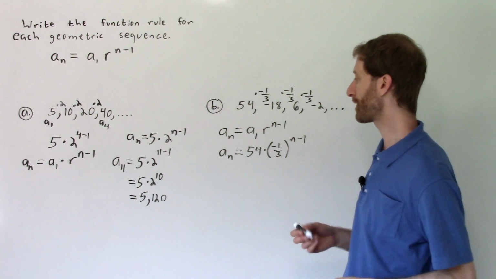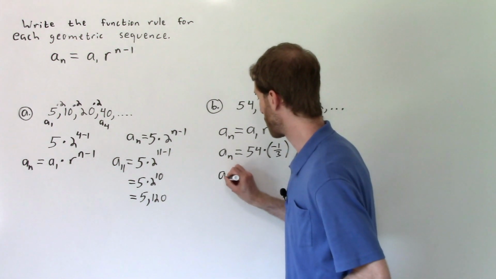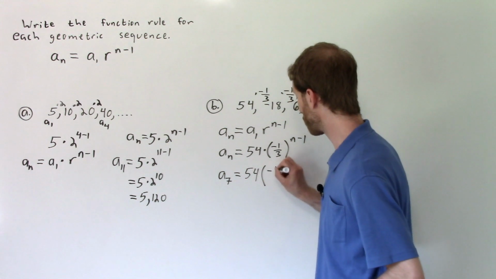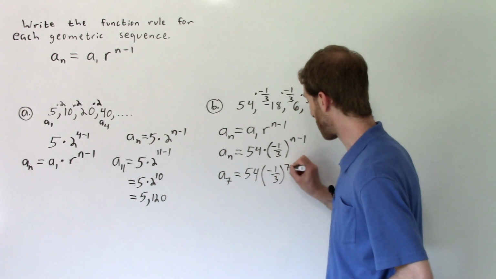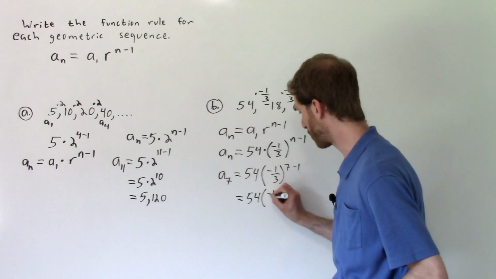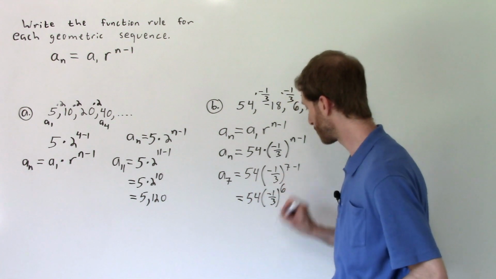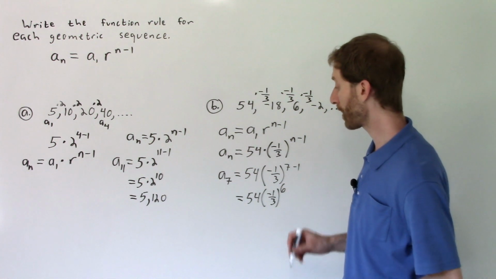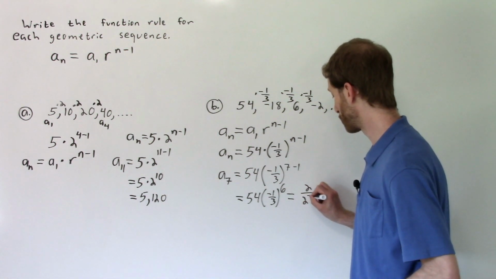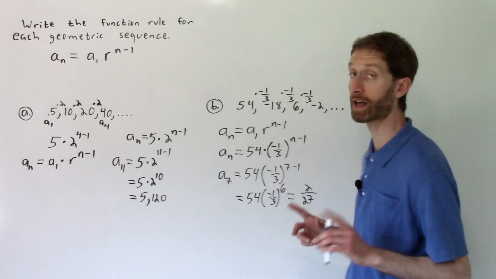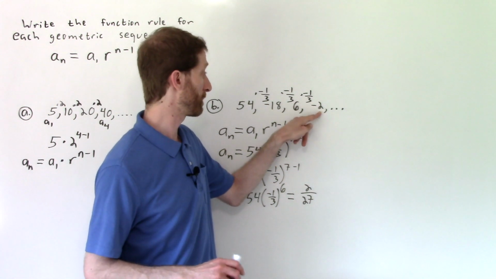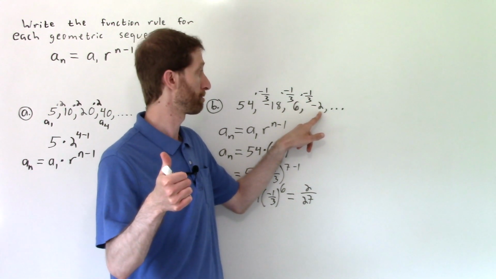So let's say I wanted to find, I don't know, the 7th term. A sub 7 equals 54 times negative 1/3 to the 7 minus 1, which is 54 times negative 1/3 all raised to the 6th. And when you do that math out, you end up with a positive number, and you get 2 over 27, which actually makes a lot of sense, because we'd take negative 1/3 of this, which would be positive 2/3, that's the 5th term.